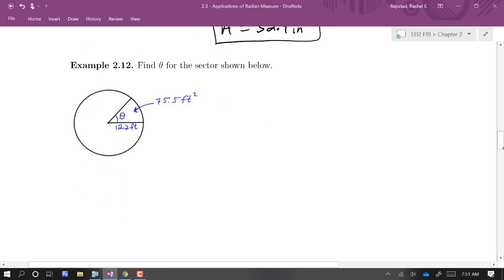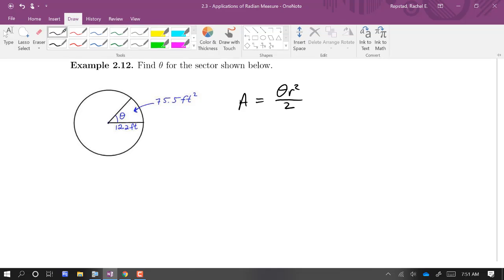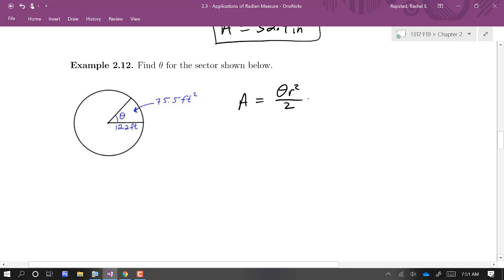All right, let's try it again. Let's do another one. Here they've given us the radius and they've given us the area this time. We just need to find the angle. So we'll start here. There's our formula, theta r squared over 2. We want to solve for theta. So we could just do a little algebra at the outset. I can multiply by 2 and divide by r squared on both sides.